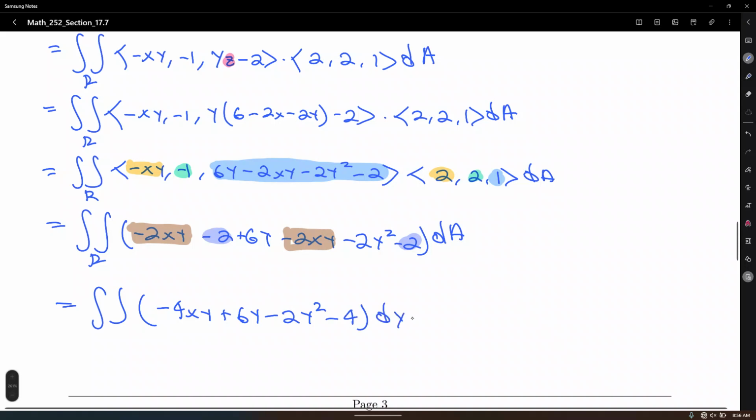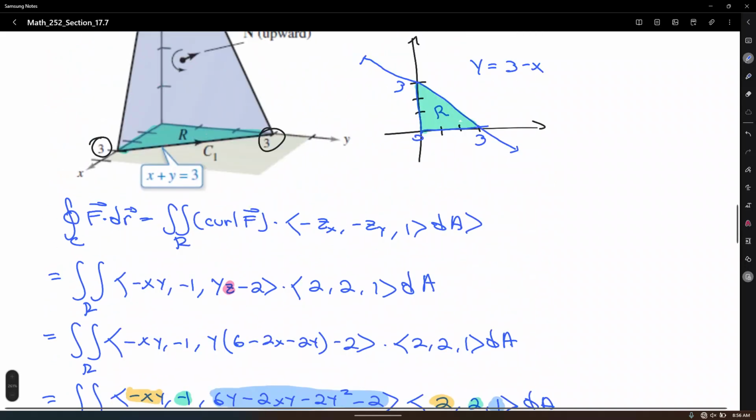I'm going to go dy dx because we already have functions of x in our triangular region described at the top of the page. We're going to take this as a vertically simple region. So, top minus bottom: the top is the diagonal line, the bottom is y equals 0.